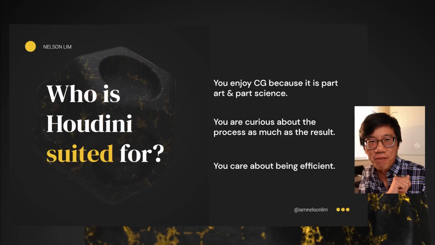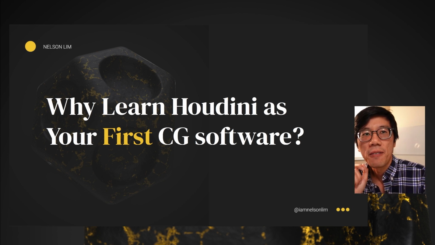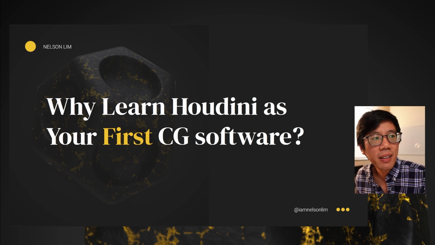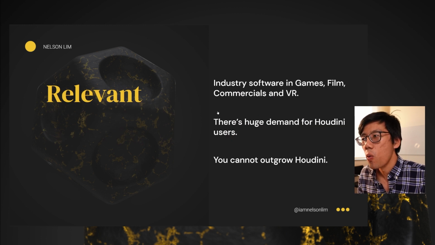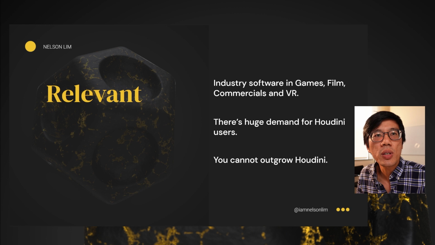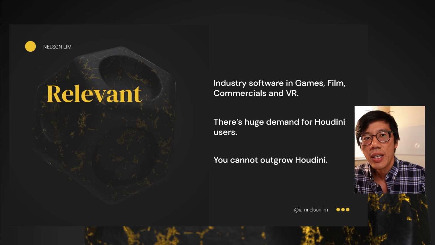All right. So why learn Houdini as your first CG software? Well, because number one, Houdini is relevant. As an industry, it's an industry software in games, films, commercials, and virtual reality. It's used everywhere.